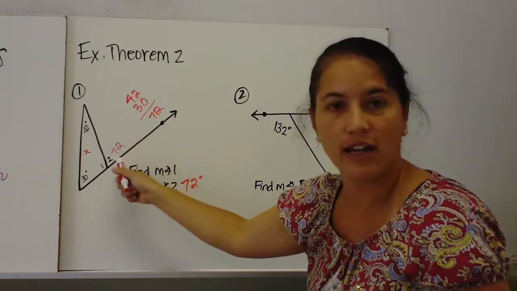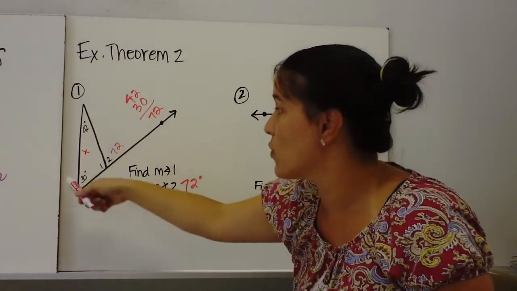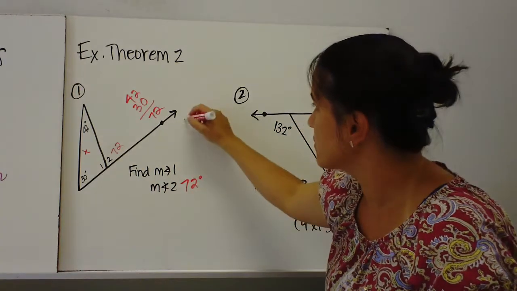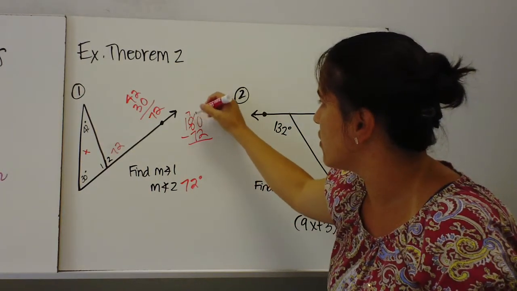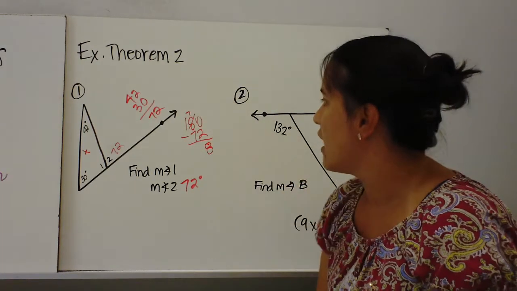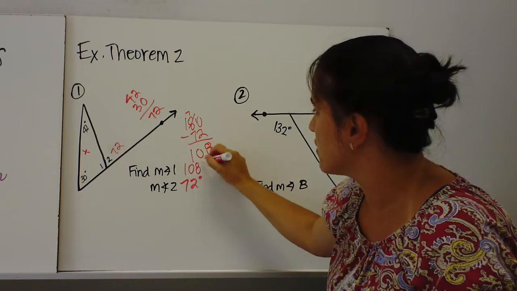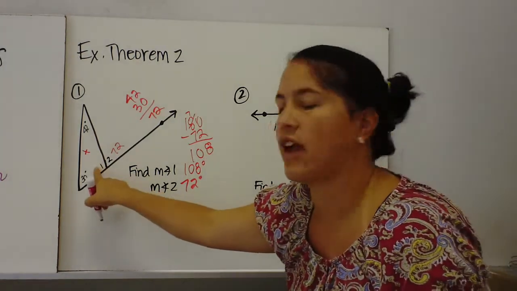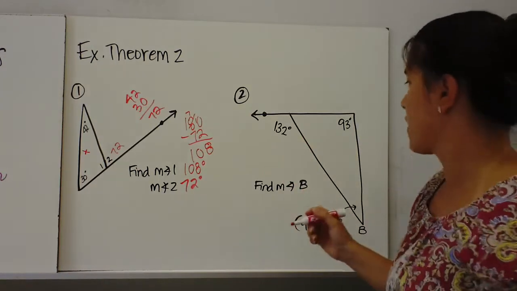So you could do 180 minus 72, or you could do 180 minus 42 minus 30. So 180 minus 72 is going to give you 108 degrees for that measure of angle 1. Now, again, I'm going through this quick.